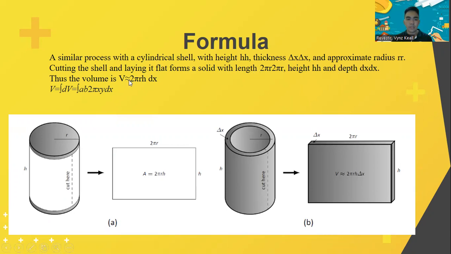So the volume is equal to 2 pi r h dx, or 2 pi times x y dx. So these are the graphs, and we're going to discuss this later in our examples.